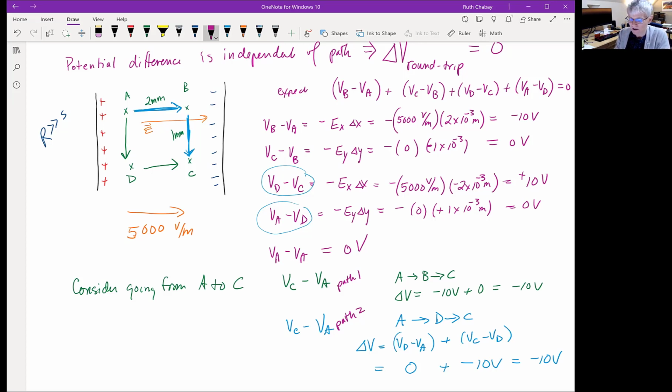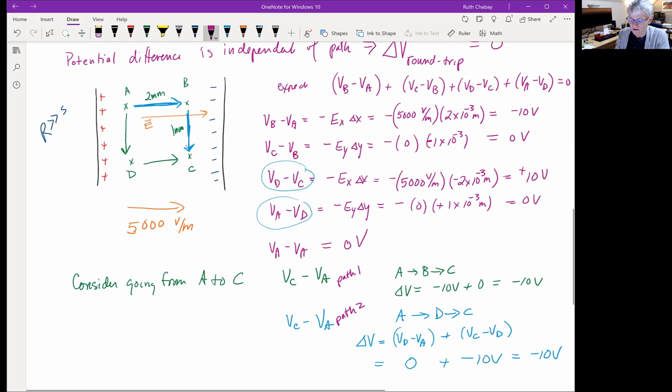So we could have just done a direct path from A to C here, and then we would have had two terms in the dot product to work out. We would have gotten the same answer. But instead, we can choose to go A to D to C or A to B to C if it's more convenient to calculate. So we have to have a path, but it doesn't matter which one we choose.